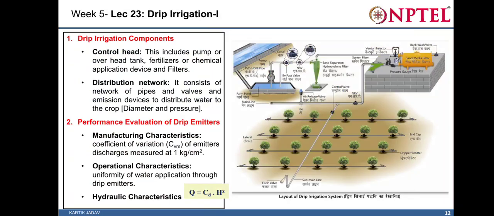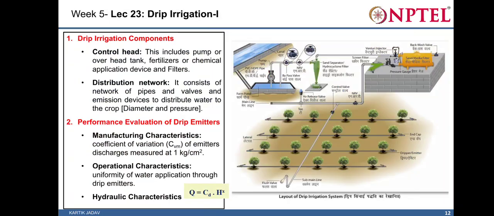The control heads are installed near the water source to clean the water, because the emitters at the end of the drip system have a very small diameter and require clean water so there is no clogging. For that we have various kinds of filtration systems, which come under the control head.